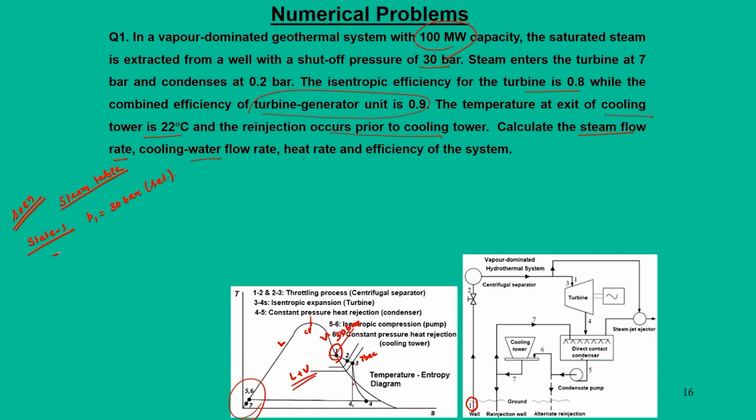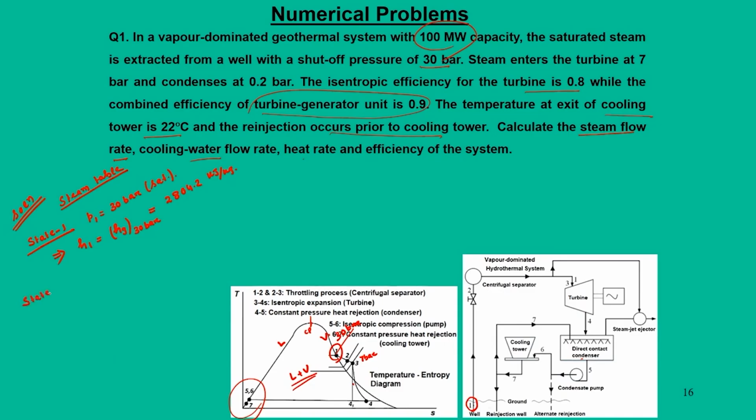So, at these conditions the saturated pressure table can be referred, and we can write H1 is equal to the enthalpy of the saturated vapor region at 30 bar. From this steam table this number is 2804.2 kilojoule per kg.